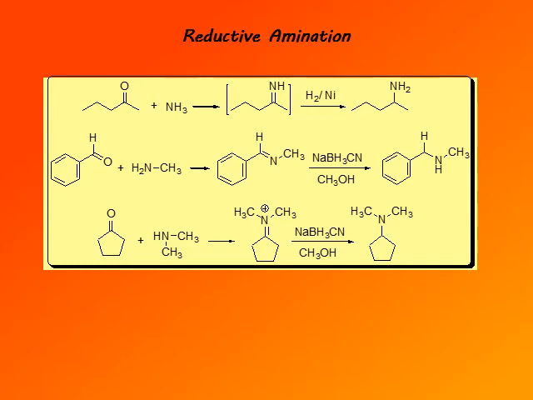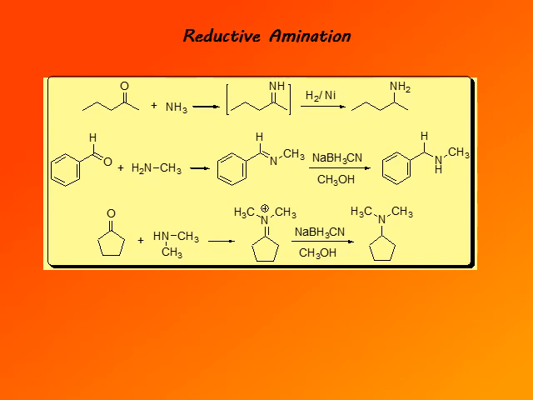SN2 reactions using either ammonia or smaller, less substituted amines and alkyl halides often suffer from excessive alkylation. So it's very difficult to stop the reaction, let's say, at primary amine. We end up getting secondary, tertiary amines and quaternary ammonium salts, and mixtures of products. So for that reason, it's always a challenge to make selectively primary, secondary, or tertiary amines.